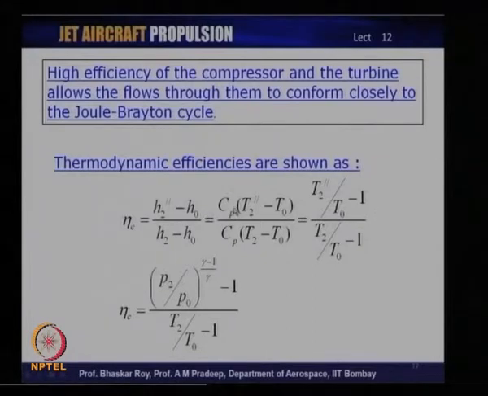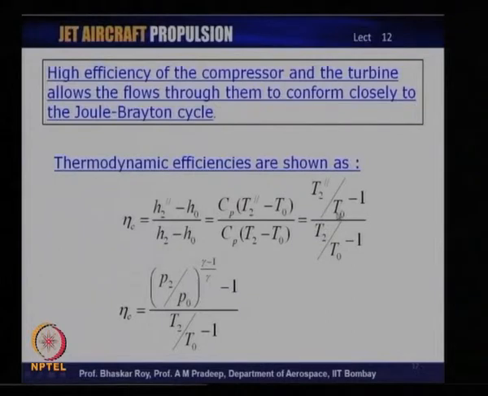The work done, as you know, can be written down in terms of Cp into temperature differential. If we assume that the Cp of real and ideal processes are same, and that is an assumption for the time being, the ideal temperature differential and the real temperature differentials come into the picture, and the Cp gets cancelled out, and what we have is the temperature ratios, the ideal temperature ratio to the real temperature ratio across the compression process.